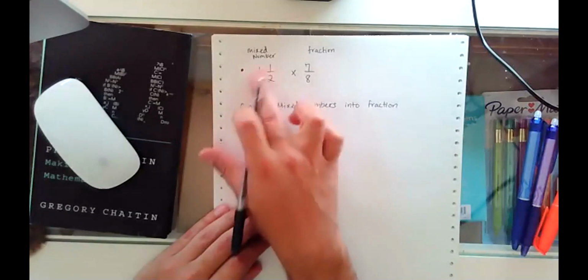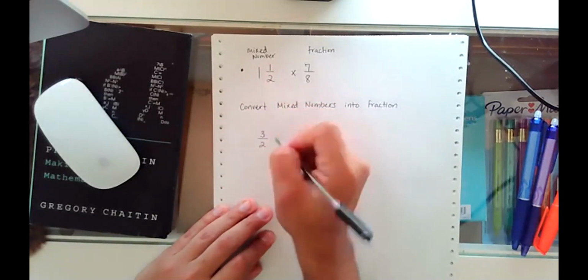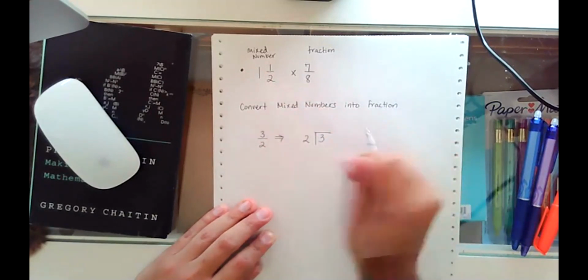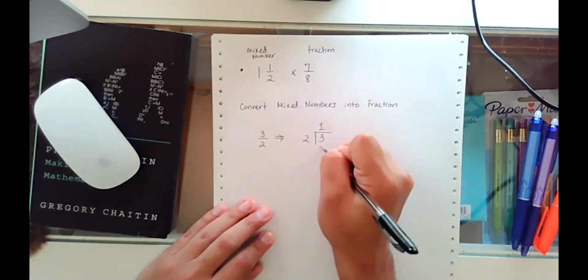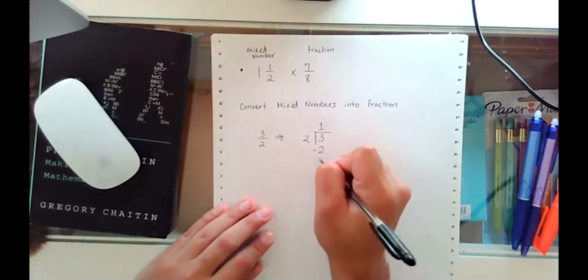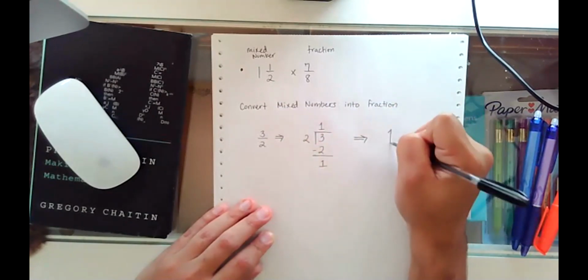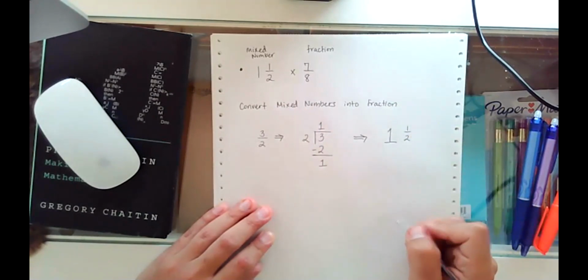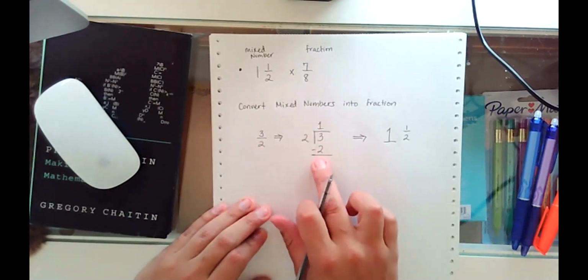Like for instance, when we got 1 and 1/2, we said 3/2 can be written as 3 divided by 2. When you do that division, you get 1 times 2, and you subtract the 2 and get a remainder of 1. So we get a whole number of 1, and then the remainder of 1/2. But in this process, we did division and we did subtraction.